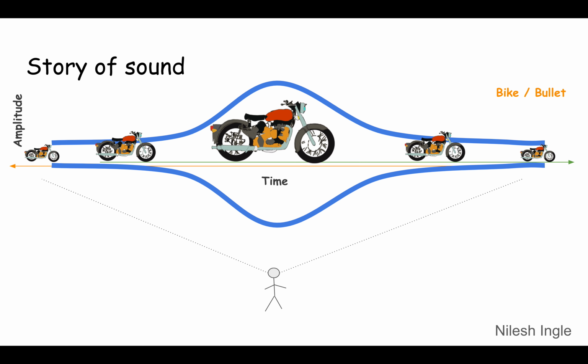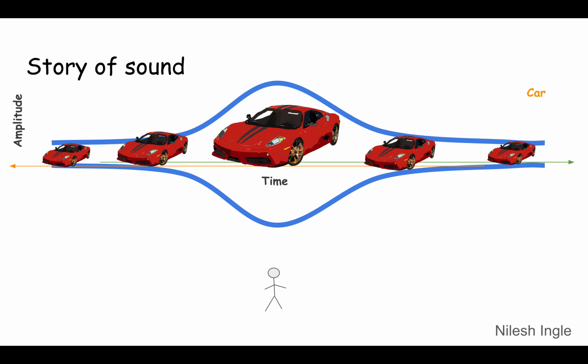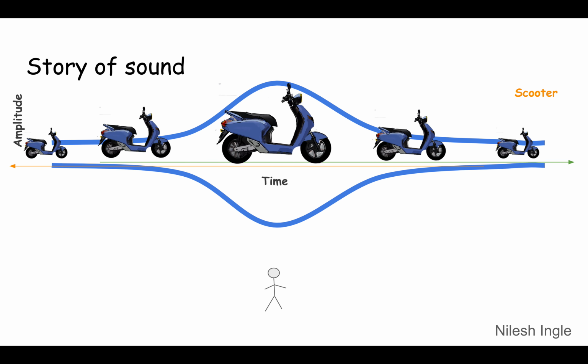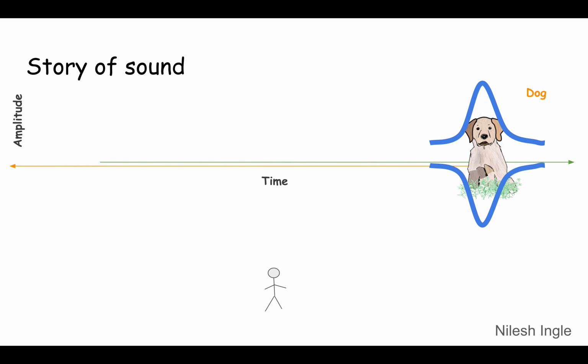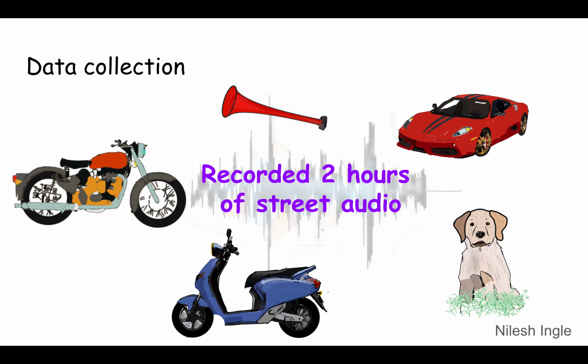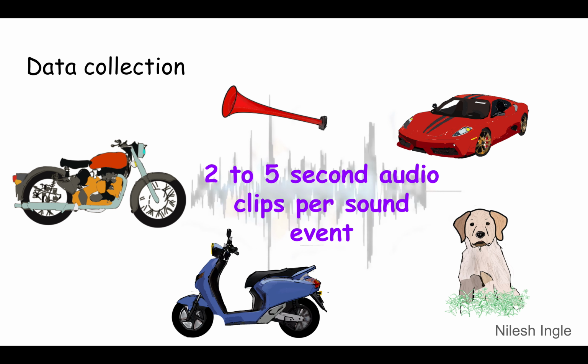So this is for the bike, and then what I've done is I've recorded sounds for a car in the same fashion, and then a scooter and dogs, as well as the horn from either the bikes or any of the vehicles. So overall, I've recorded around 2 hours of street audio, and then from that long segment of audio, I've clipped the audio specifically for a bike or a horn or a car, scooter, or a dog.